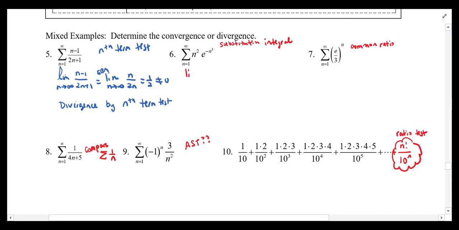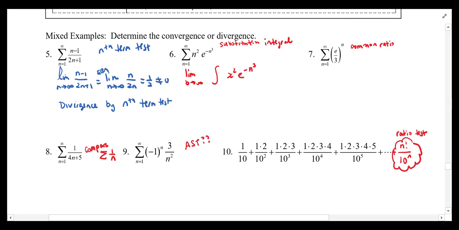I told you this is about substitution. Those of you who are like, oh, I remember reverse chain rule, sure, I can do that really easily. Let me just write this down like this: e to the negative x cubed.